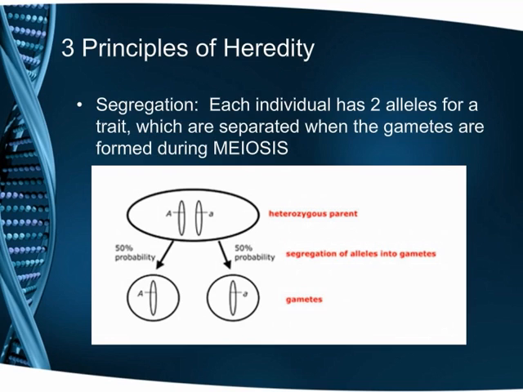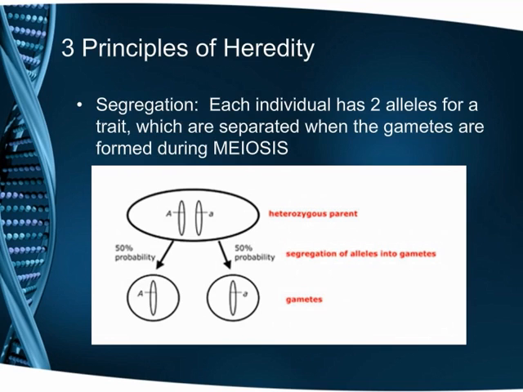Tall with a big T would represent the dominant version of the trait, and short with the little t would represent the recessive version of the trait. So if a parent has one of each, big T and little t, then that parent is going to be tall because the dominant version of the trait will hide or mask the recessive version of the trait.